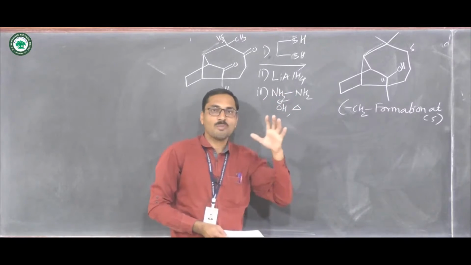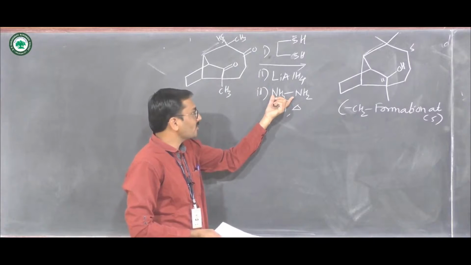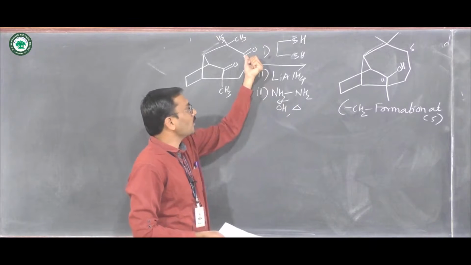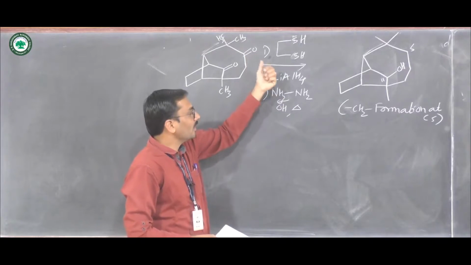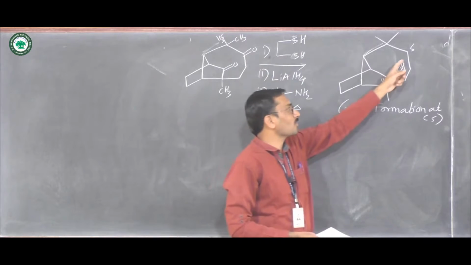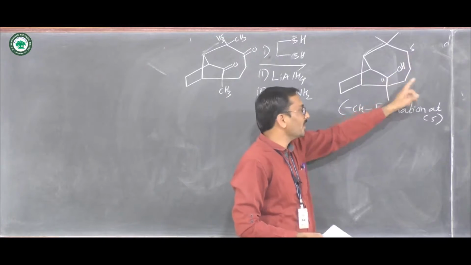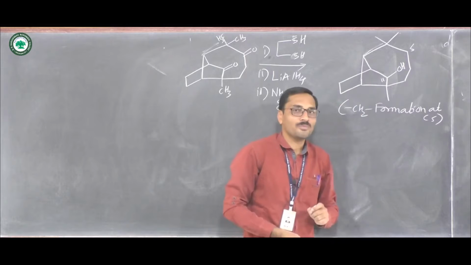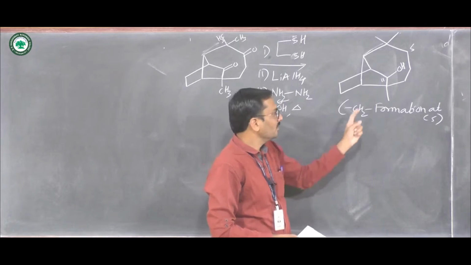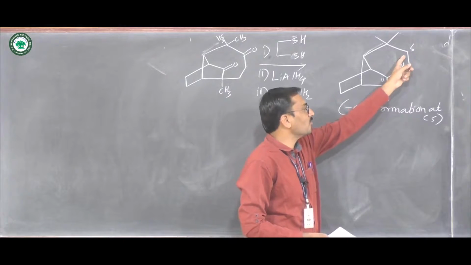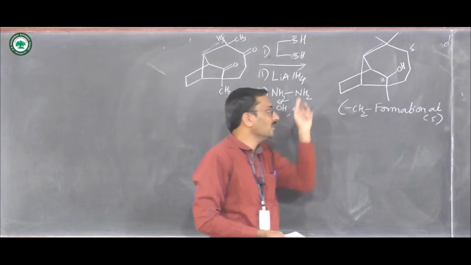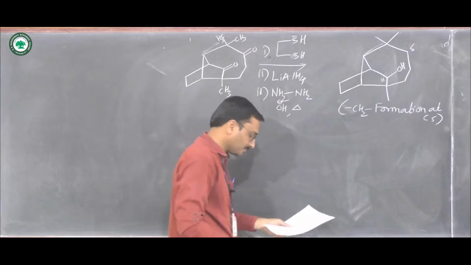So in the presence of this type of reagent, this dithiol protected group undergoes reduction and there is formation of CH2. So here specifically we make a CH2 group at this C5 position. These are the 3 synthetic steps.